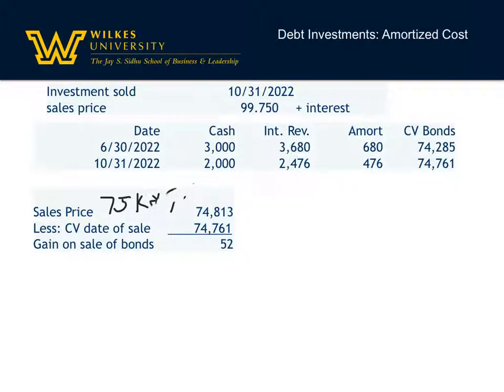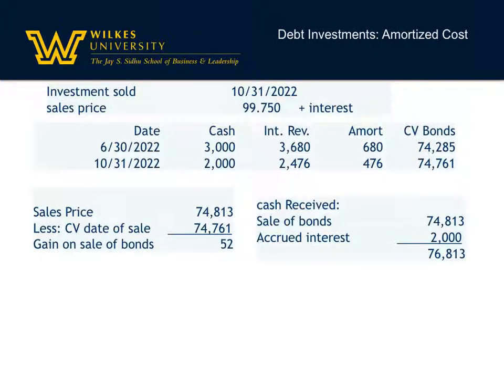So we've got the right amount listed as the sale on the investment. We're going to subtract out the carrying value on the books, and we actually have a gain on the sale of the bond of $52. But we said we sold the bond at 99.75 plus interest. So that's not the total cash we received. That's just the cash we received for the bond side. We have to add the interest side as well.